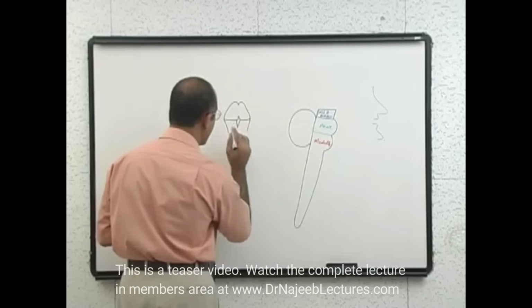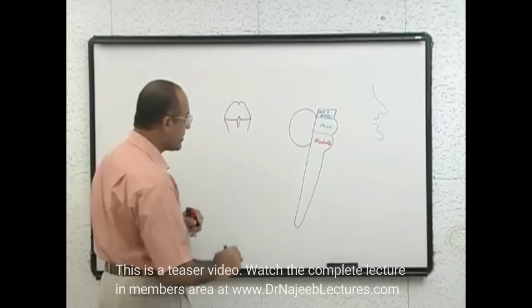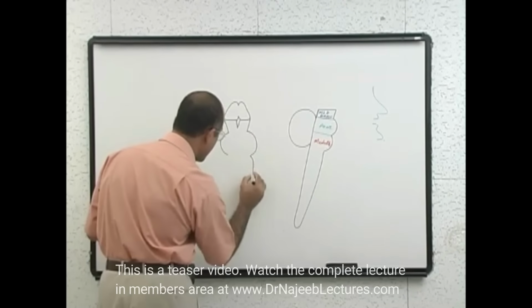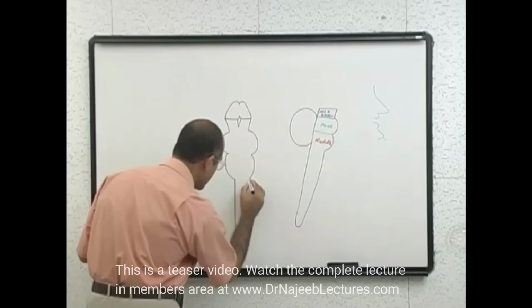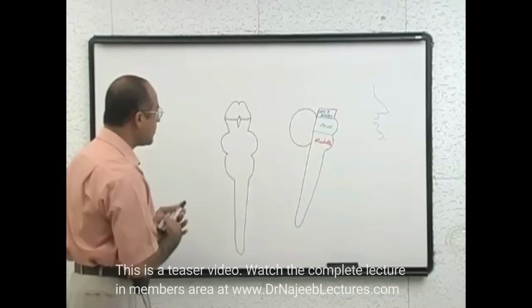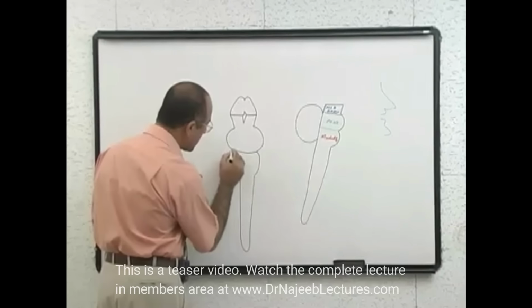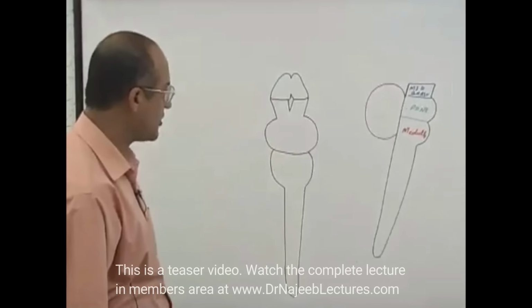What is this from the front? This is midbrain from the front, this is pons, and this is medulla, and of course here is your spinal cord. In the frontal view, this is the ponto-medullary sulcus.